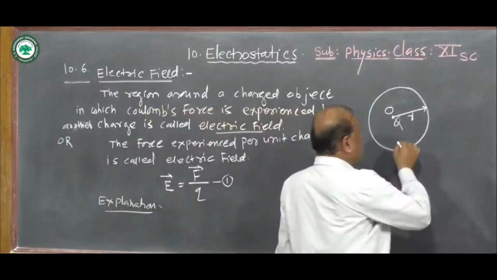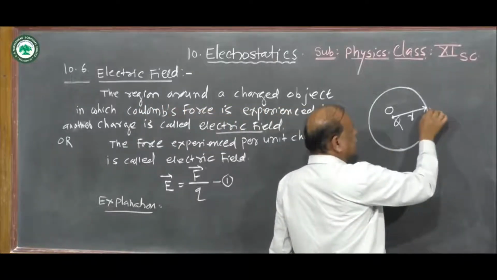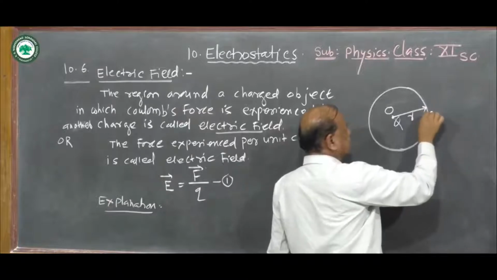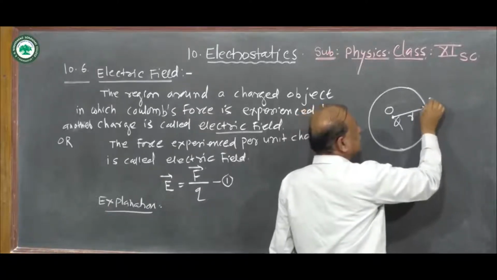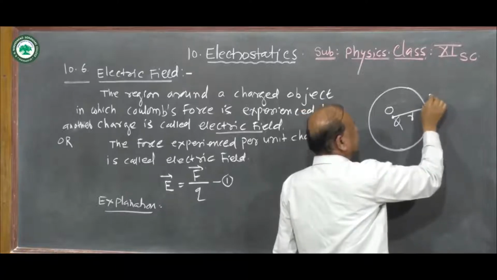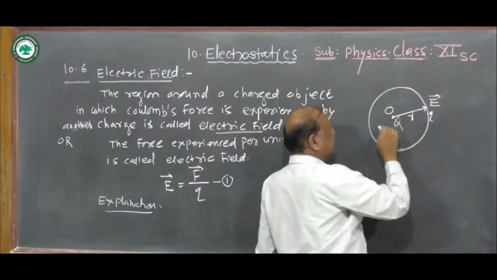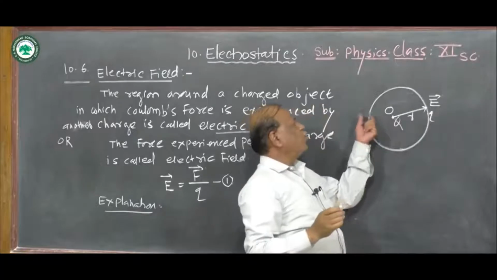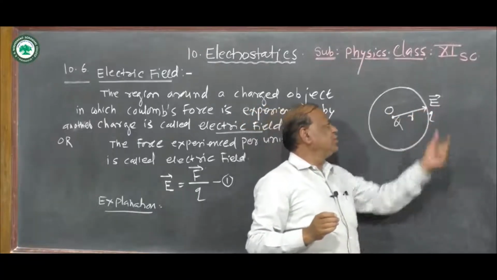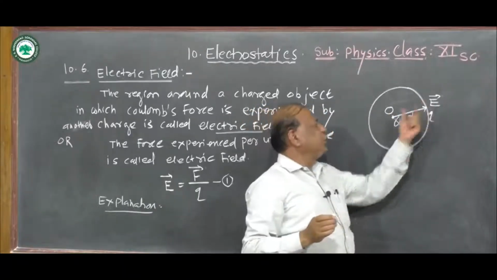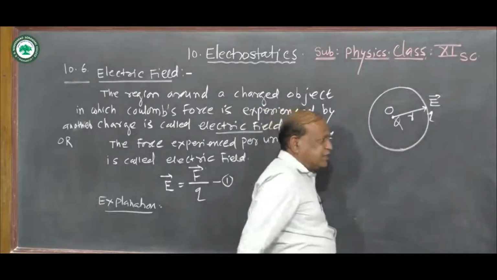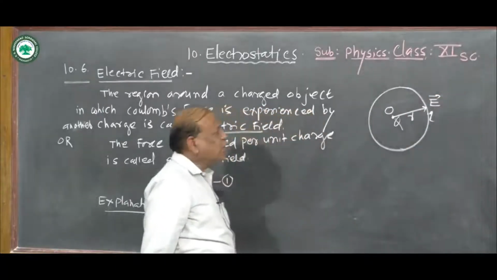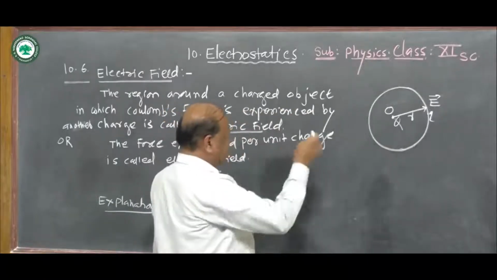For simplicity, we take another charge q on the circumference, and here is the electric field E. The direction of electric field E is from O outward, according to the direction of the Coulomb's force.